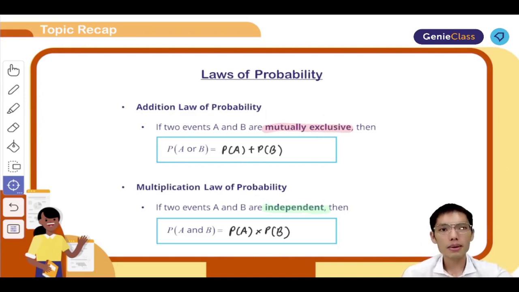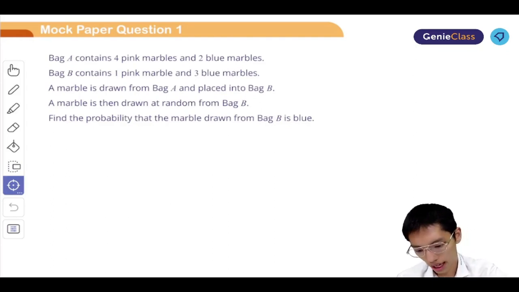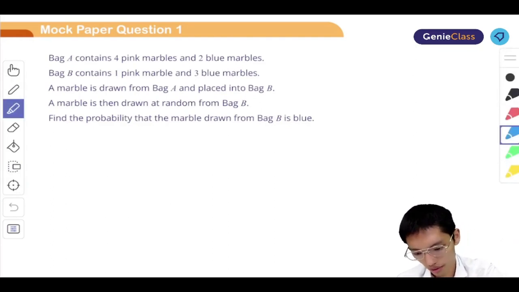Okay, so what happens is this, from here we can come up with a particular kind of question for probability, which is this one. If you attempt the mock paper, this is mock paper question 1. When you view this, you realize there are two different events over here.